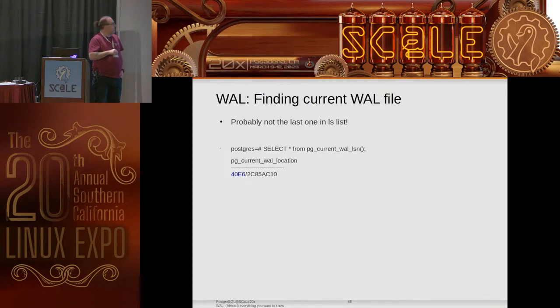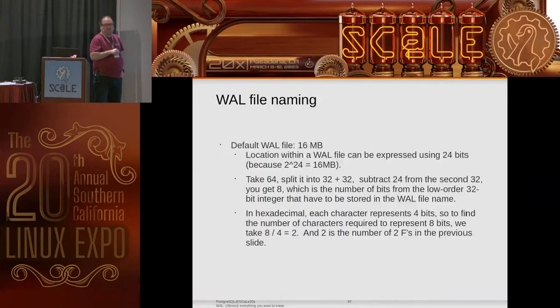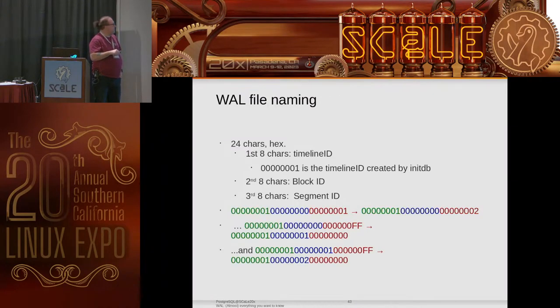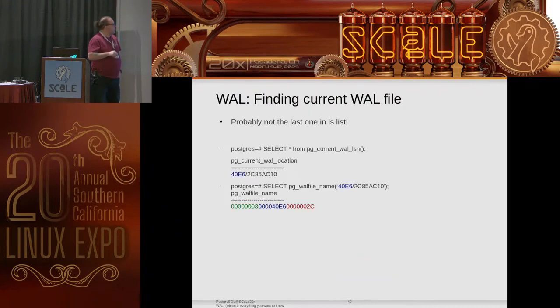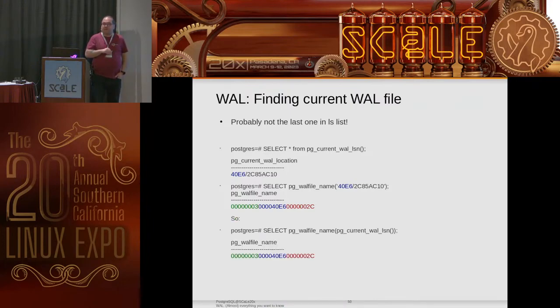So if 40E6 is here, it gives you the block ID of the WAL file. And then if you give the output to the pg_walfile_name function, it's going to give you the actual WAL file which is currently being used. Or just make it shorter, combine the two functions: pg_walfile_name(pg_current_wal_lsn()), then it's this. Okay? Any questions?